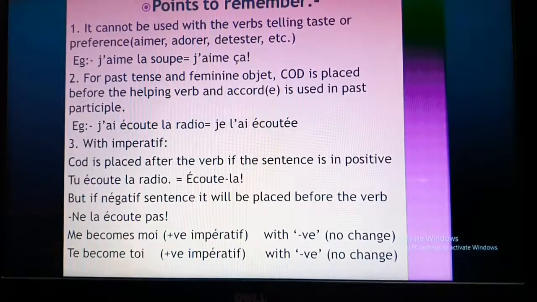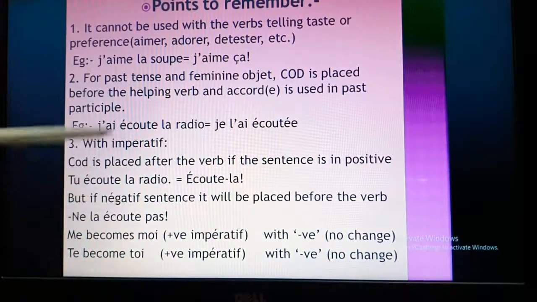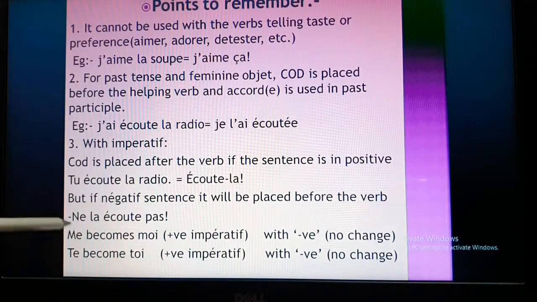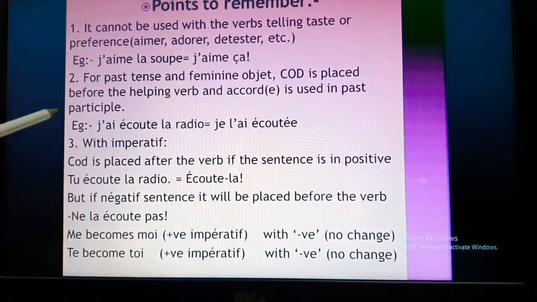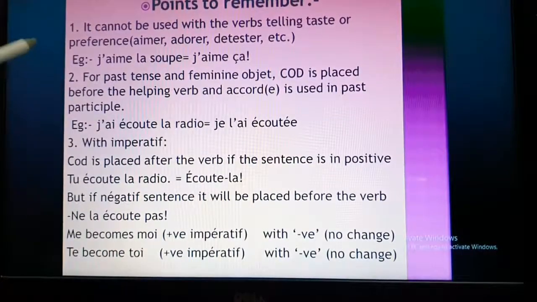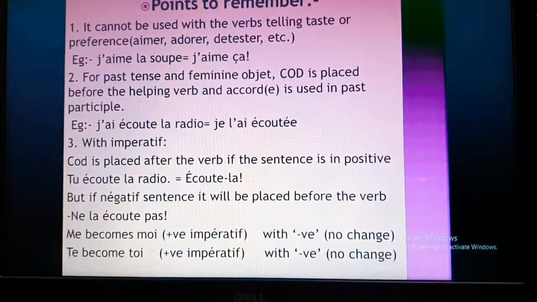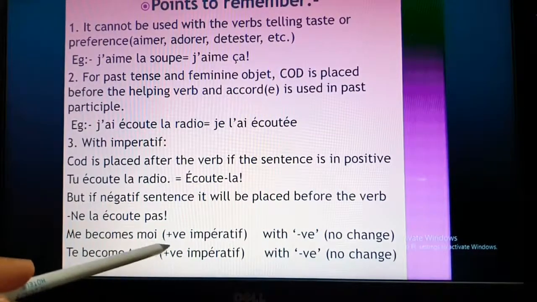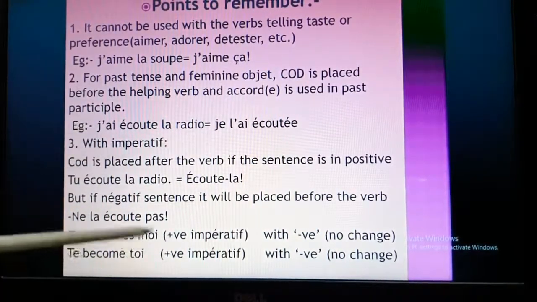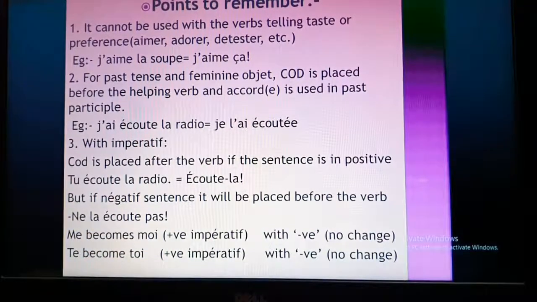But if it is a negative sentence, it will be placed before the verb, that is ne l'écoute pas. That means it will be just like the normal sentences, with the first verb. Now me becomes moi and te becomes toi with the positive imperative, not with the negation. It won't change, it remains the same, me and te.